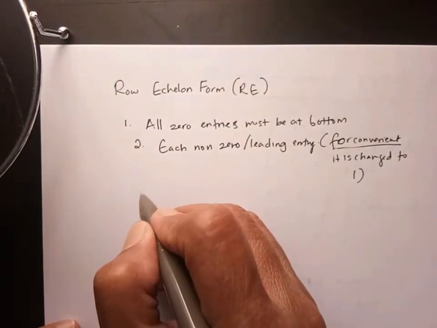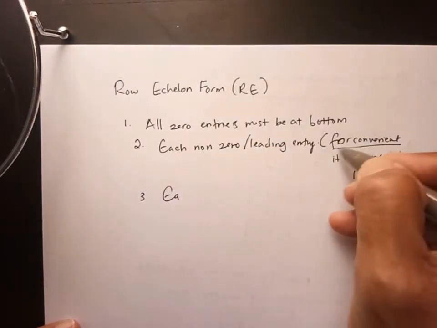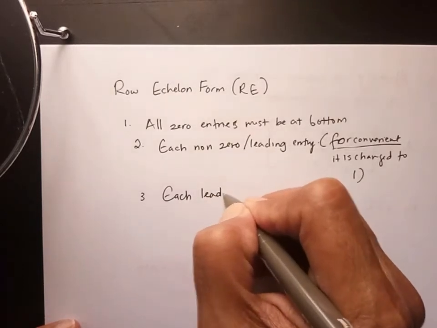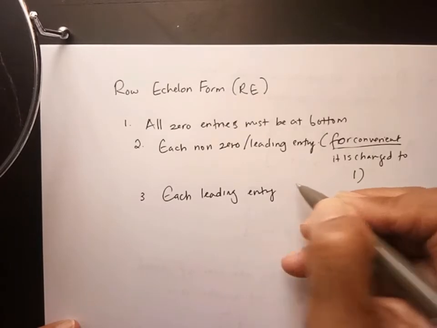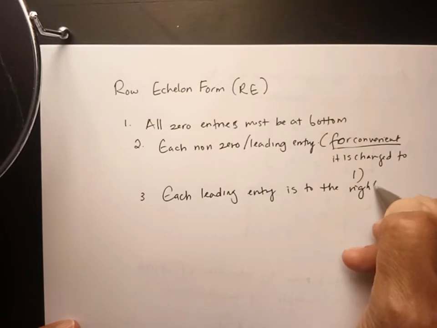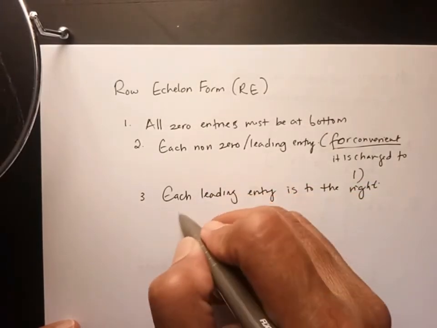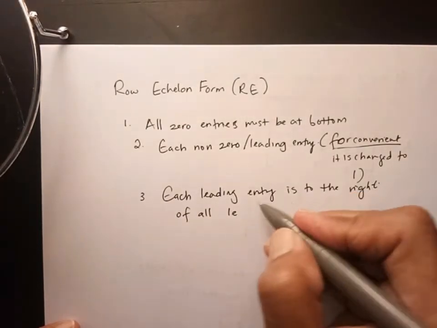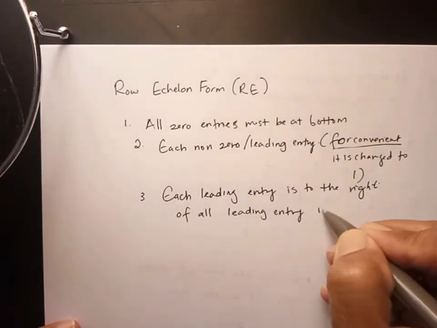The third property is that each leading entry, the first non-zero entry, is to the right of all leading entries in the rows above.